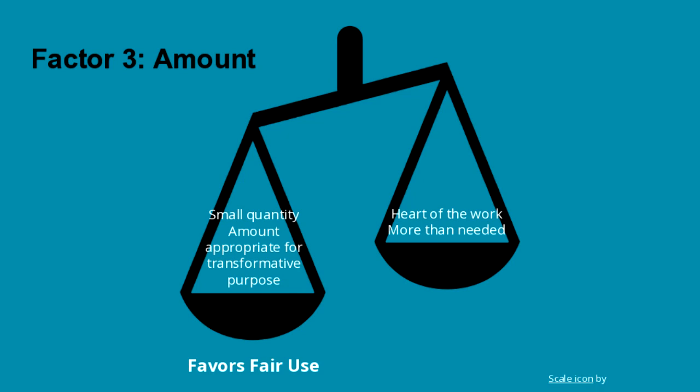So again, if it's a satire or parody, how much of it do you have to use in order to get that across? If it's for the point of scholarship and research, can you just share a part of it? If it's images, using a thumbnail image instead of a high resolution image favors fair use.